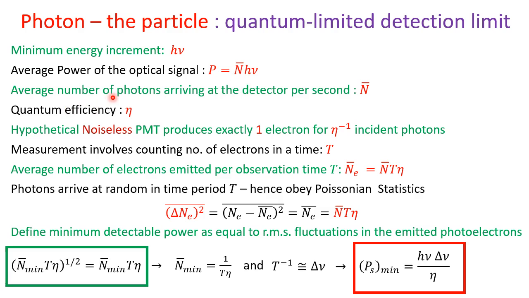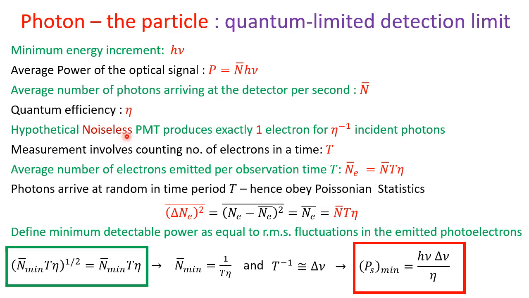Now you see that there is a quantum efficiency associated with this particular detection process that tells me the number of electrons that will be generated for every input photon.